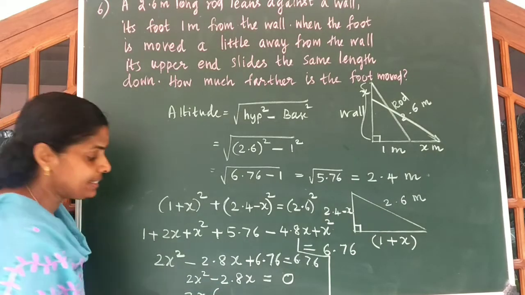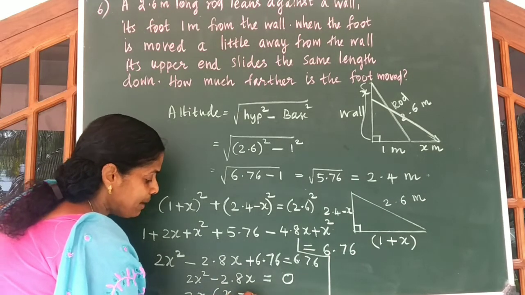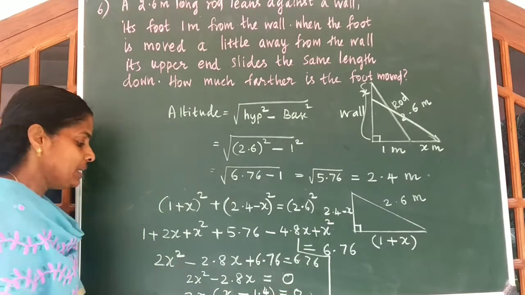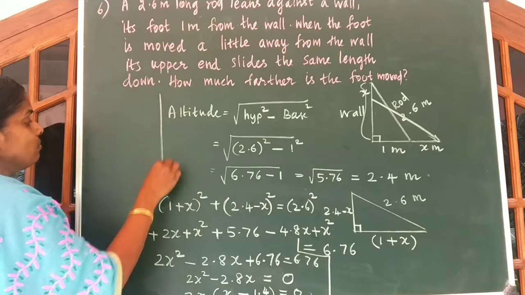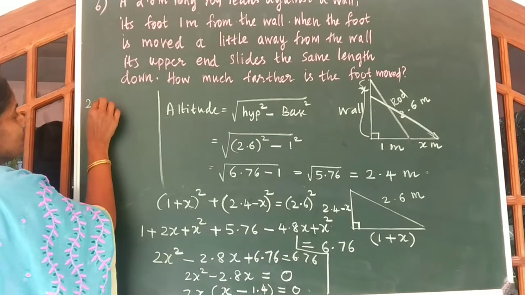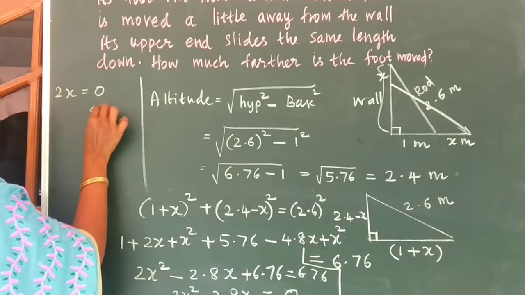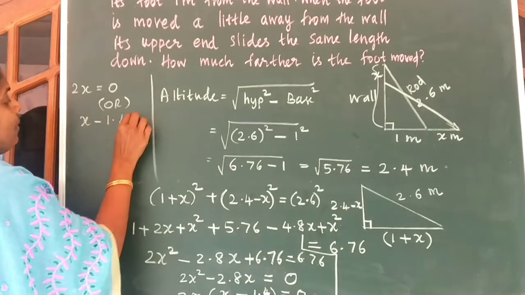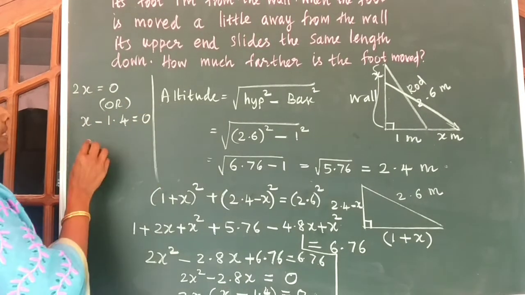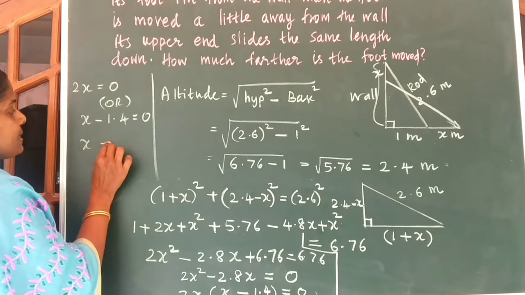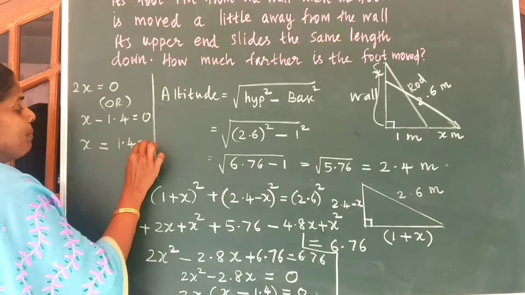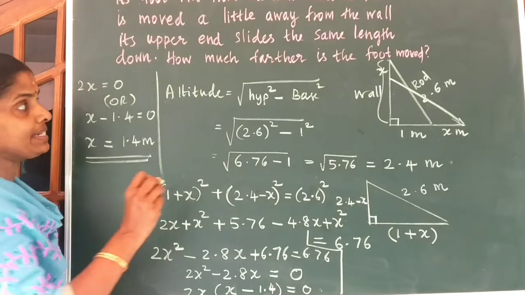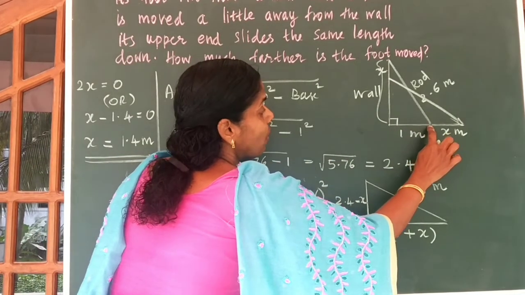Then what will you get? You will get x minus 1.4 equal to 0. Therefore, we can say either 2x is equal to 0 or x minus 1.4 is equal to 0. From this, we get x is equal to 1.4 meter. x is equal to 1.4 meter is the distance by which this rod is moved.